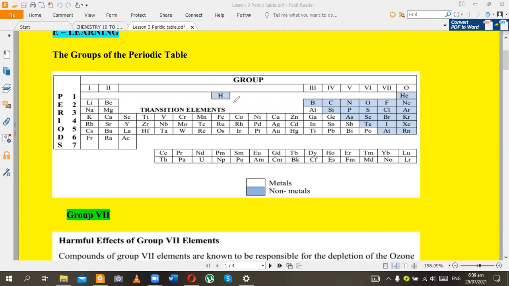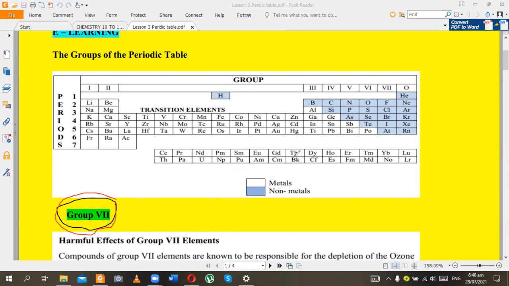So we are going to start looking at group 7 of the periodic table. The other video talked about other groups such as group 1, group 2, group 4, and all other groups. But this one is just talking about group 7.